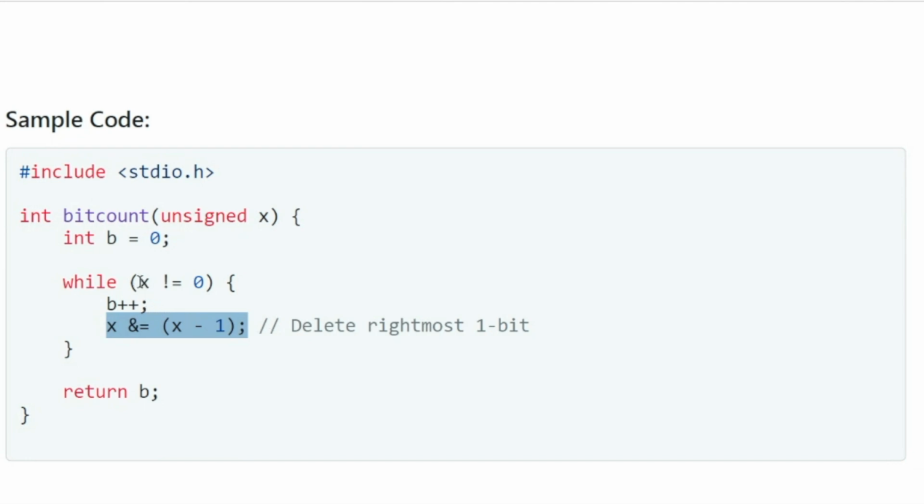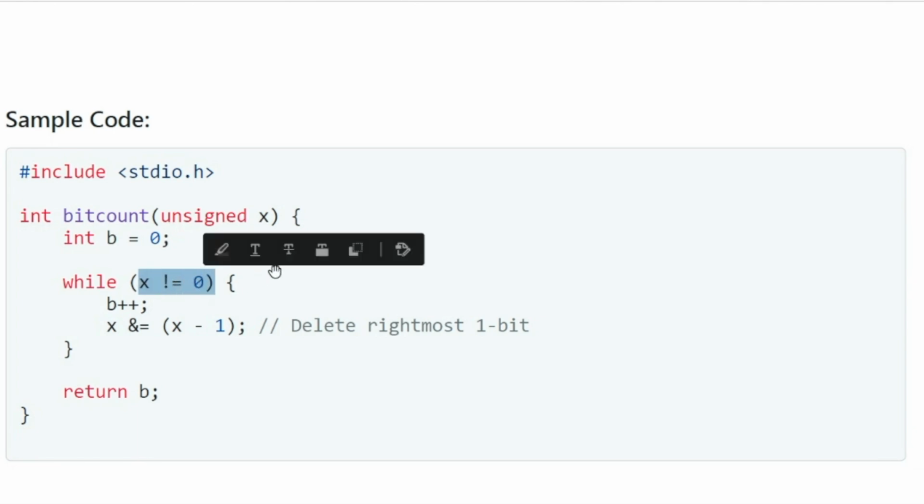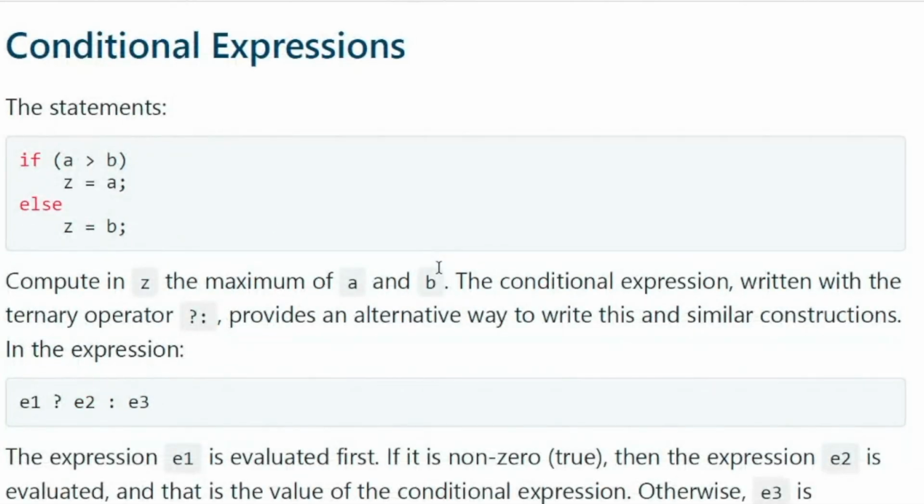And here is the while condition you can use. Just compare it to 0, because every time you shift to the right, until there's no 1 bit in your byte x, that means you get 0 in that case. All right, next one.